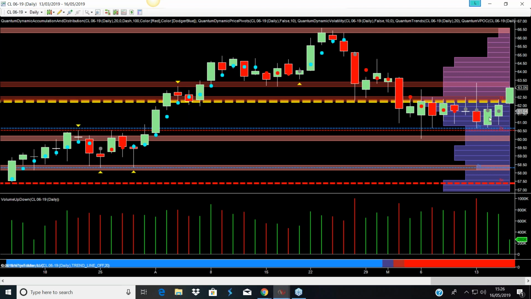Now, what is interesting, over the last 2 sessions, we've actually found a base at just over 60.50, 60.60. We've actually had 2 consecutive up days, which ran straight into the volume point of control, from where you can see it actually fell back on each previous occasion.